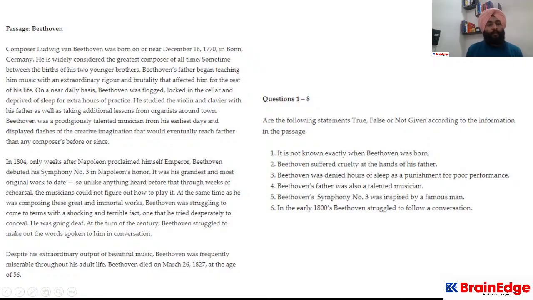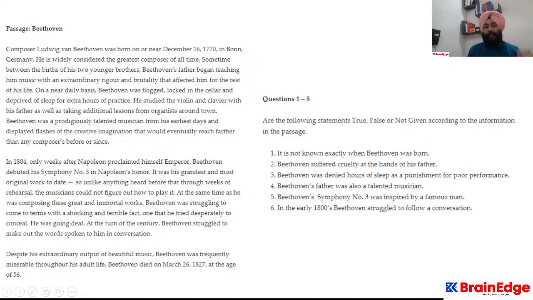Beethoven was a prodigiously talented musician from his earliest days and displayed flashes of the creative imagination that would eventually reach farther than any composer before or since. So it is mentioning that yes, he was talented, but who? Beethoven.